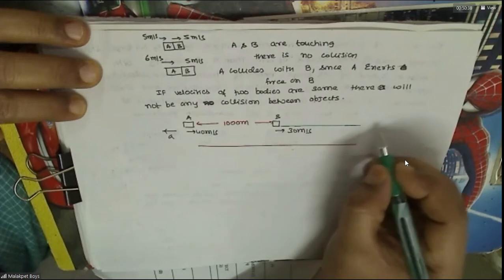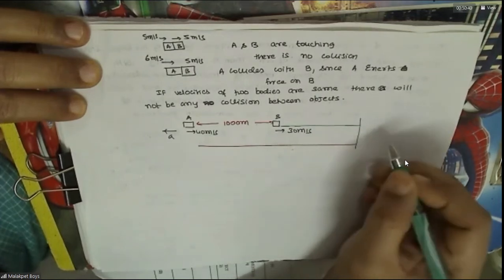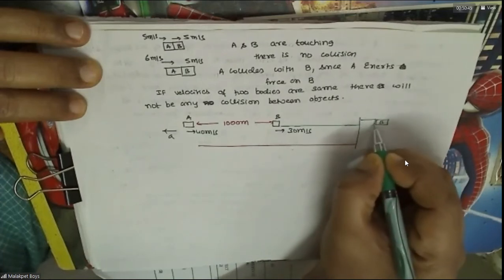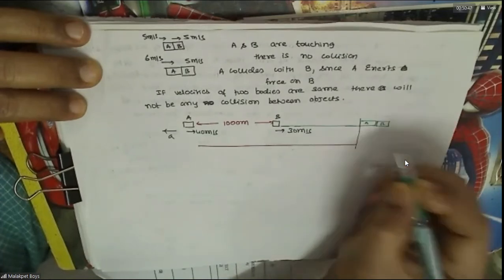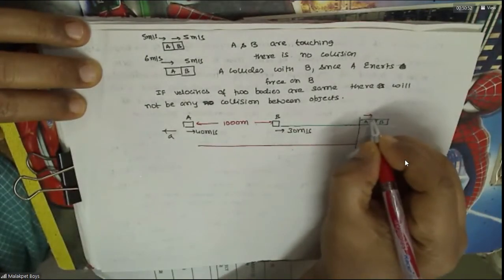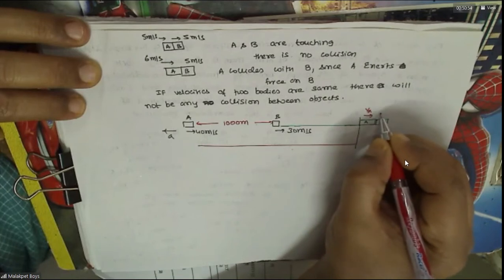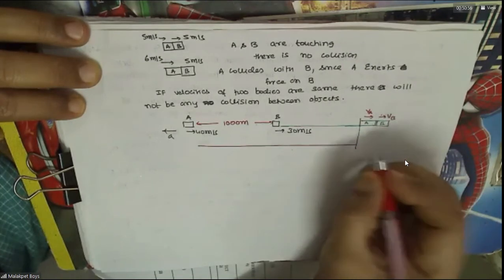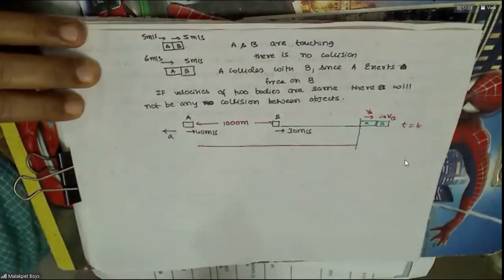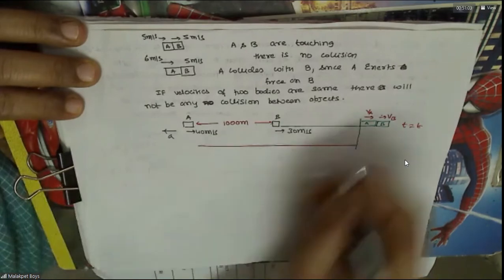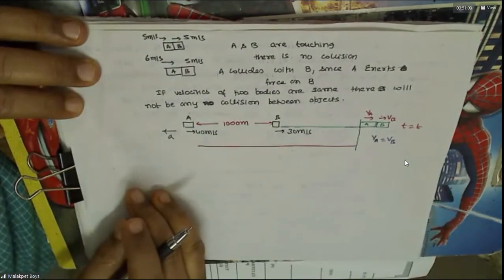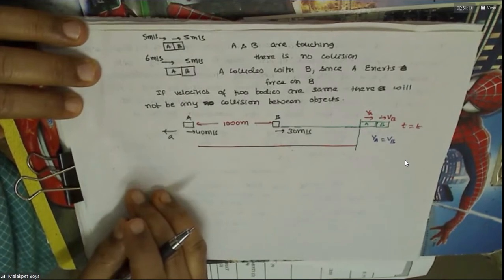Now in this situation, this is train B, train A. Both have the same velocities, VA and VB, at T equals to T. Will there be any collision? No. Follow this or not? Any doubt?